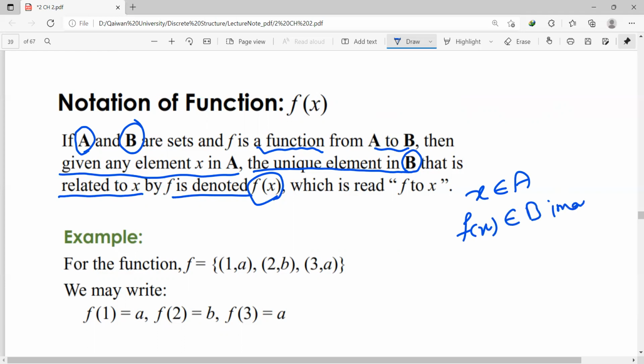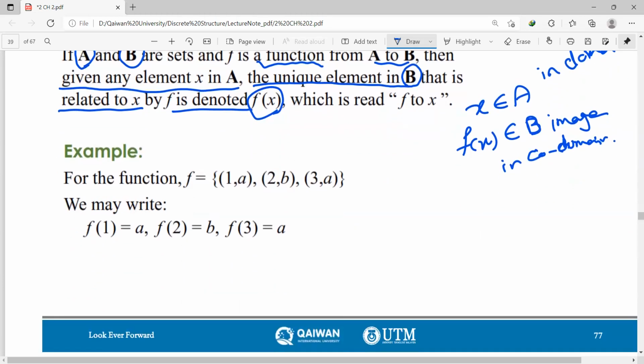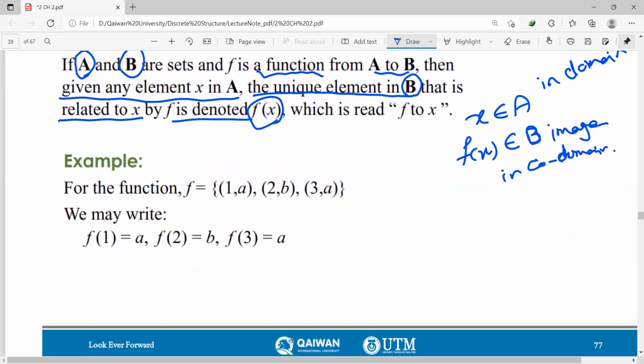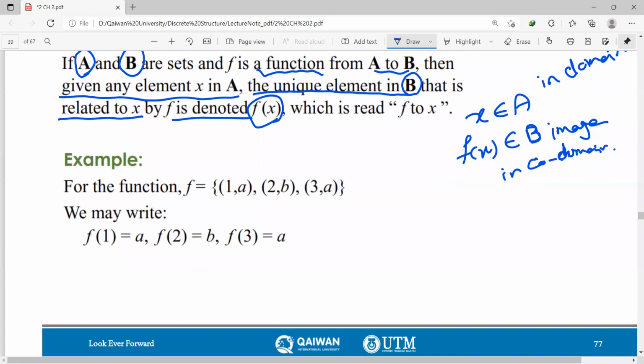This is in the domain. So what's the image? The image is in the codomain. The images are always in the codomain, and the domain are those elements that you find their images. Here we have an example. We have this function: F equals 1a, 2b, 3a.